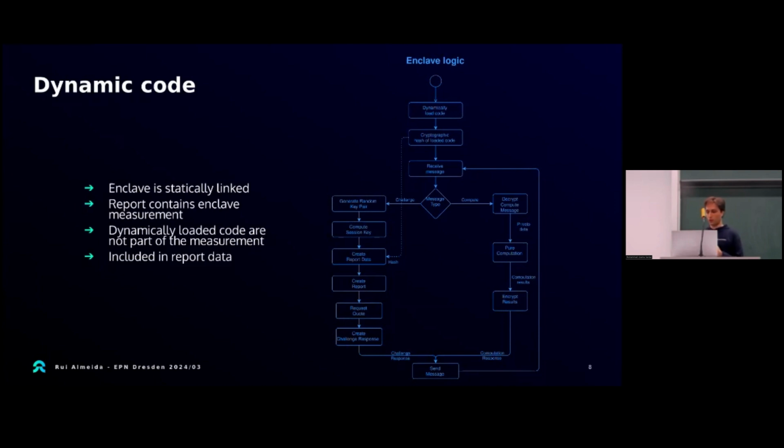And so we need to report the code that has been loaded, for example, by leveraging the report data field of the Intel SGX report, together with key material that is going to be used between the enclave and an end client to establish a secure connection between an end device and the enclave. And only then can the user be sure of what or which code is actually going to be processing the data that the user is about to send, which is what we then see on the right part of this graph.